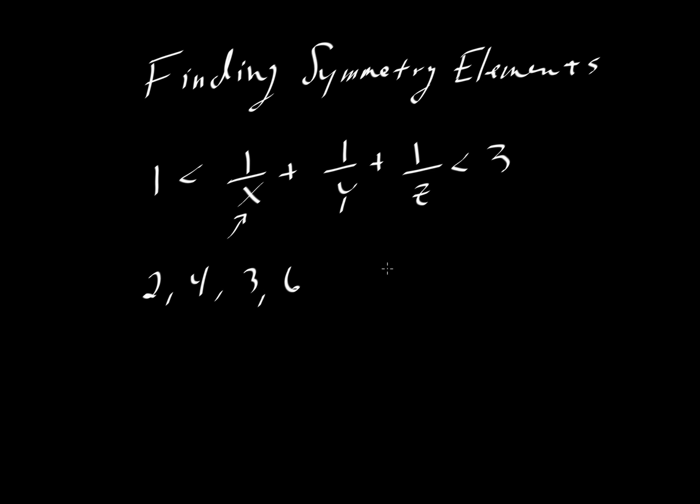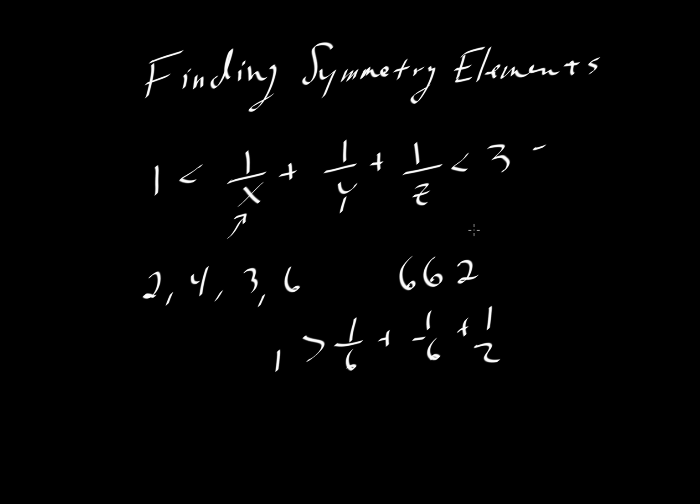So for example, we cannot have the combination 6, 6, 2 because if we took the sum 1/6 + 1/6 + 1/2, that would be less than 1, and so it would not satisfy this inequality here. So that comes out of Euler's theorems of spherical geometry.